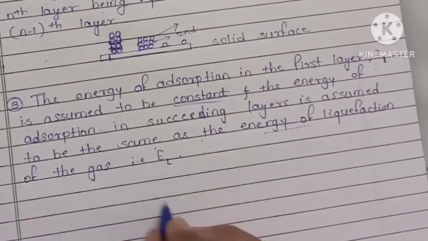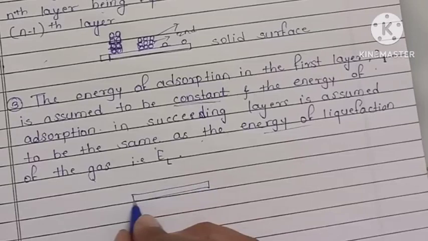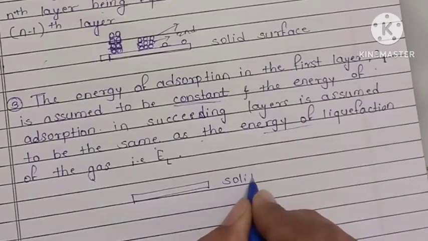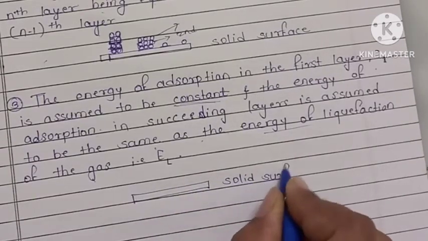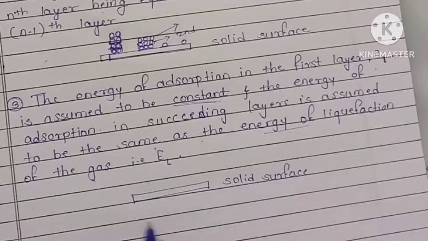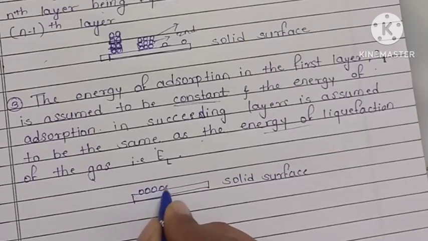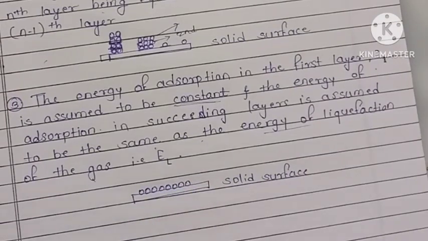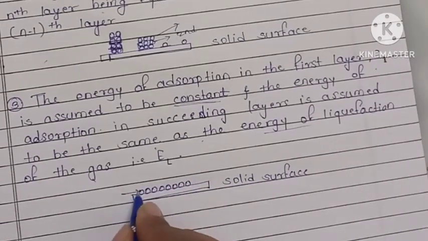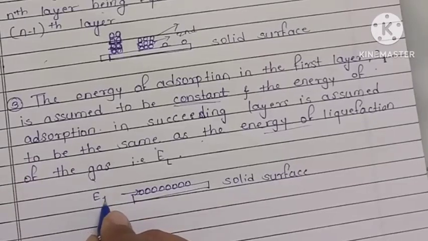For example, this is the solid surface. The first layer is adsorbed, and it has the energy E1, which is constant.